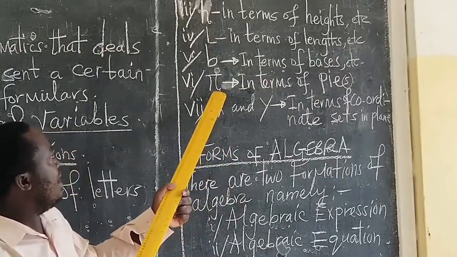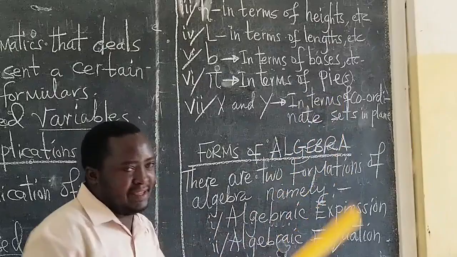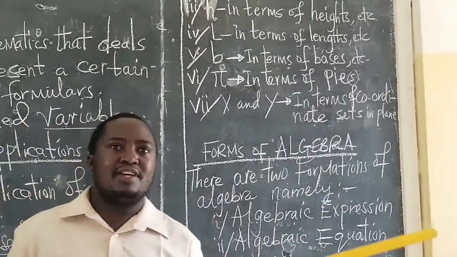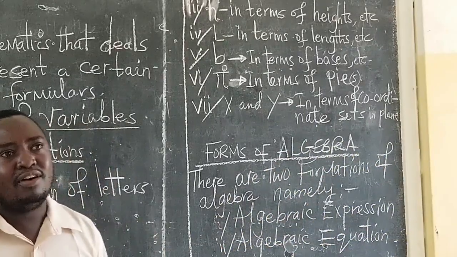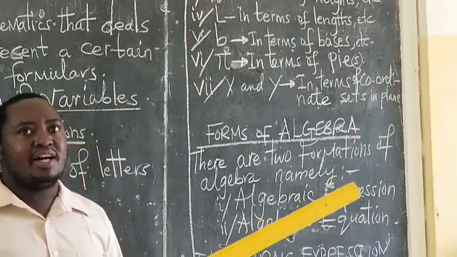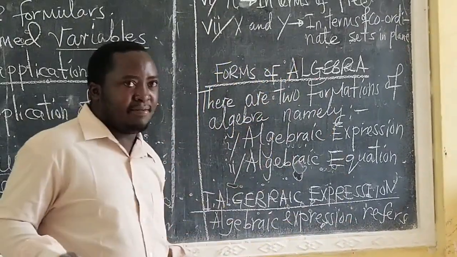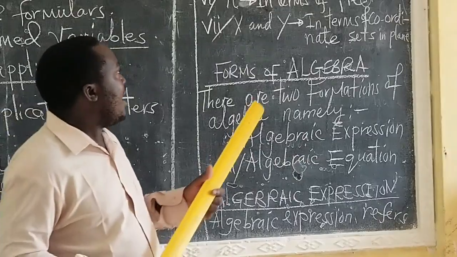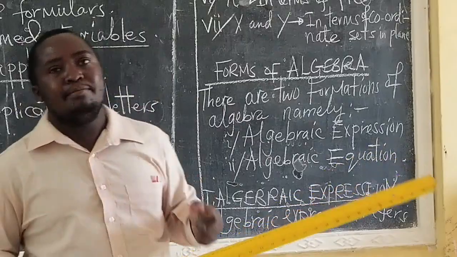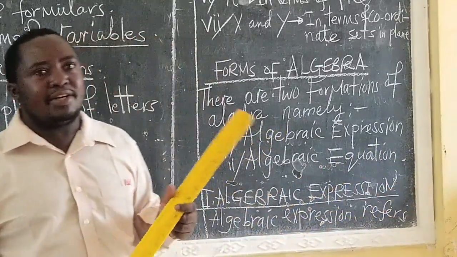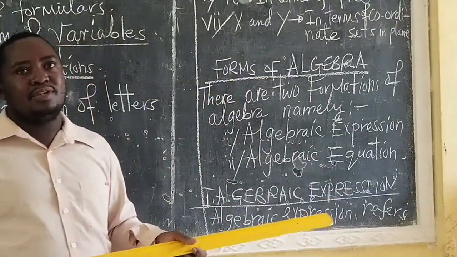This symbol written here represents pi. We have pi of 22/7. You may also use 3.14, or you may use 3 and 1/7. Those are pi. We have also the use of letters X and Y. X and Y are also used in terms of coordinate sets in planes. When we want to know the coordinates of points, then we use X and Y to recognize them.